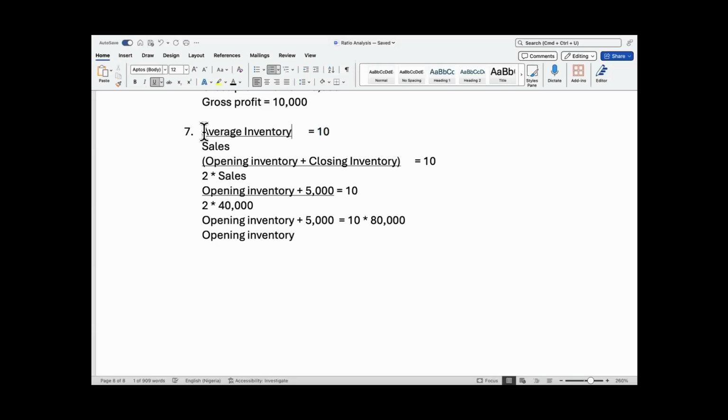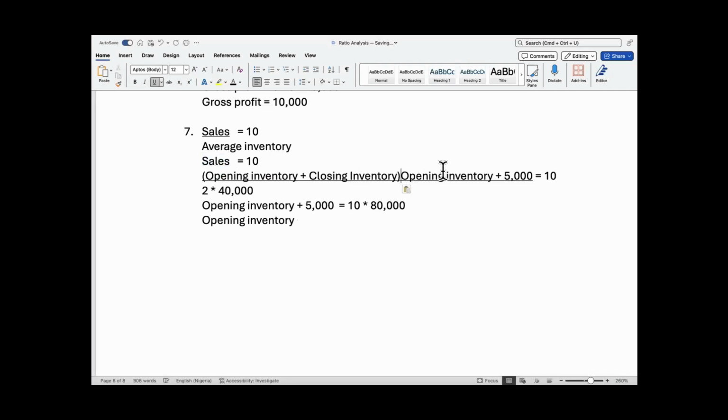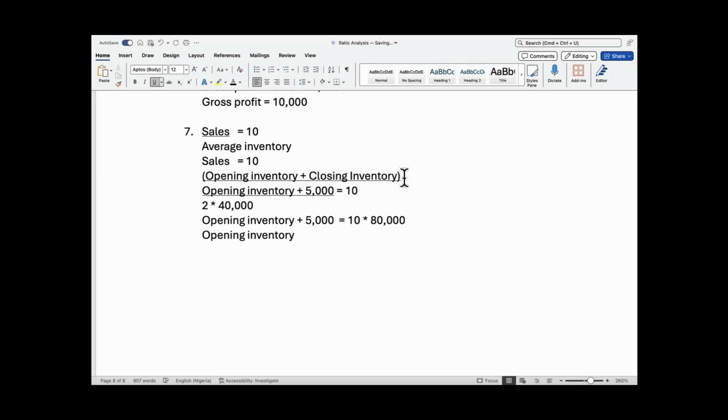Which should be sales over that average inventory, okay? So that means our sales will be up here, while this will then come right here, equal to 10.